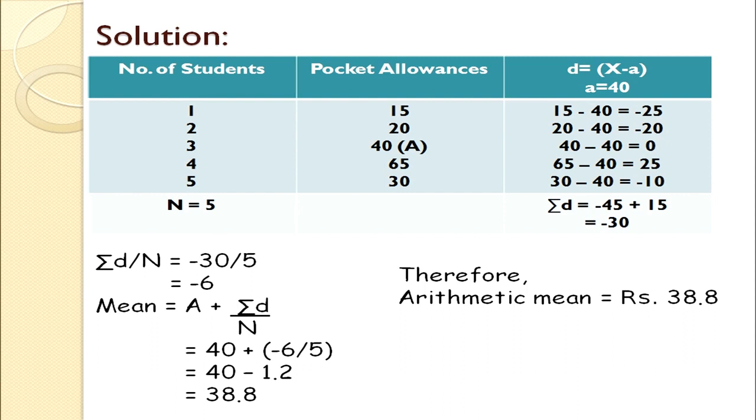So, we add it, and it becomes 34. Therefore, arithmetic mean comes to rupees 34 pocket allowance. So, we have learned how to calculate arithmetic mean in case of individual series, first by direct method, then by shortcut method.